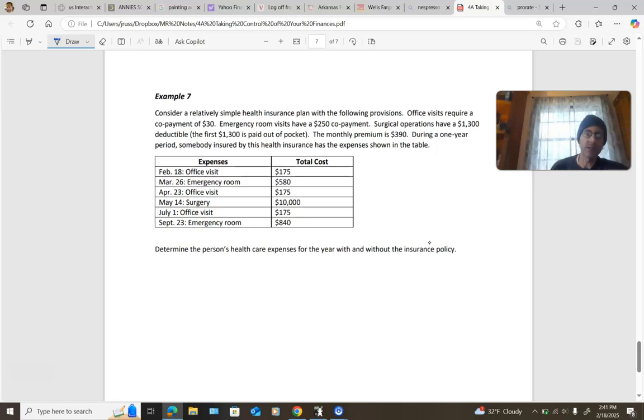All right, so let's do without first. So without insurance, you're just going to pay for all of these. Okay, you're not going to pay for any insurance, so you don't have to worry about this premium here. You'll just be responsible for all these expenses. So I'm simply going to add all these up in my calculator.